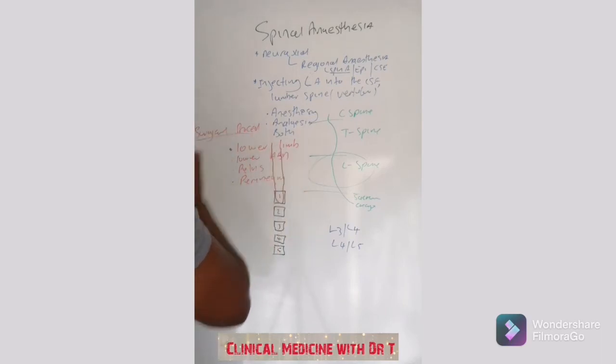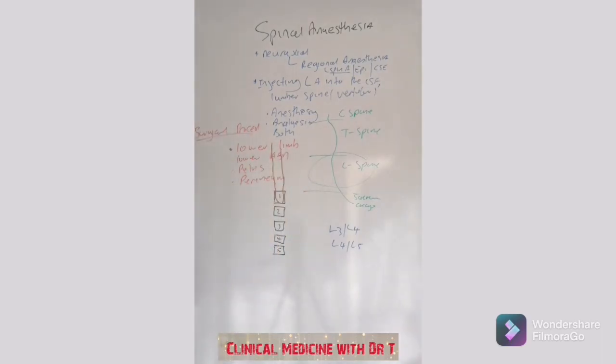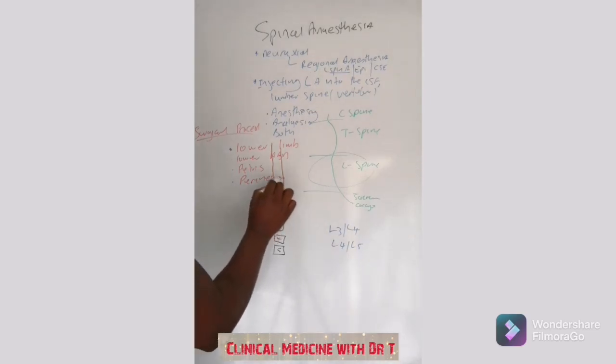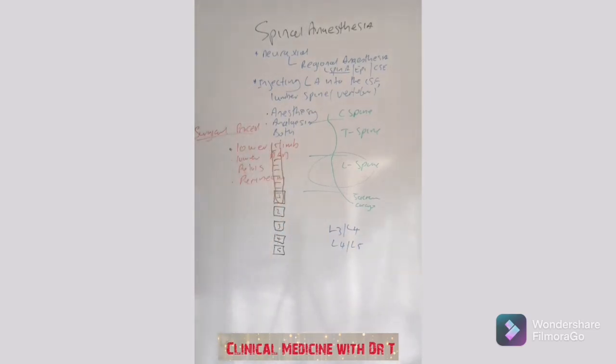That's the spinal cord. So the plan is not to inject the spinal cord, but to inject the local anesthetic, which we are going to talk about, into the CSF.